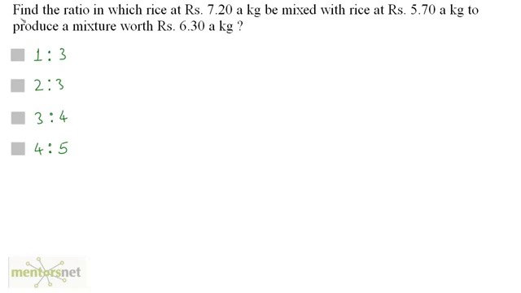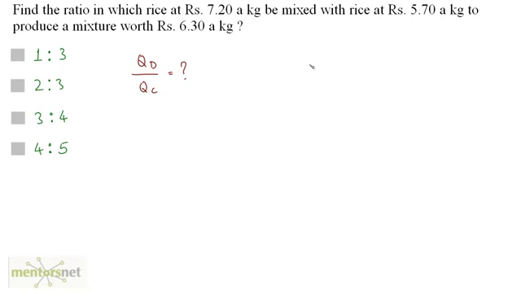So basically this question asks what is the ratio of the quantity of the costlier rice upon the quantity of the cheaper rice, right? What is the ratio of rice at 7.2 rupees per kg to rice at 5.7 rupees per kg?